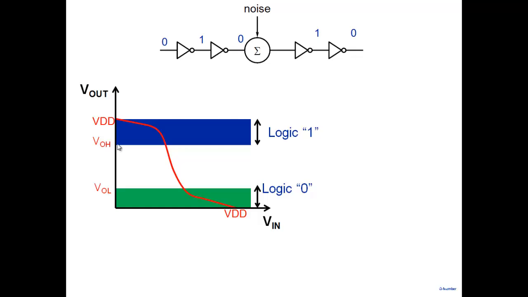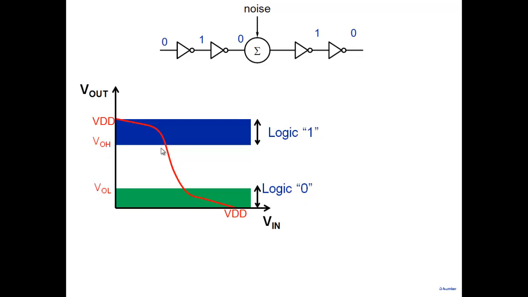VOH is the minimum voltage that my system must have to be interpreted as logical 1. So anything which lies between VOH and VDD will be considered as 1. That's the meaning of VOH. Anything which lies below VOL will be considered as 0. Right? So we are introducing two levels here now. VDD and ground, of course, we know. So VOH and VOL we are introducing.